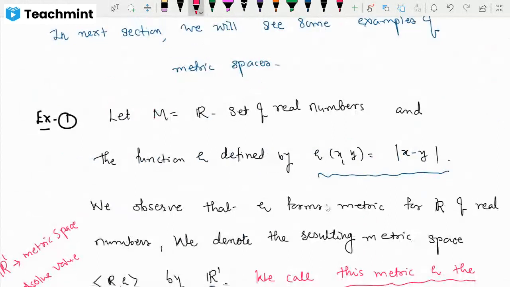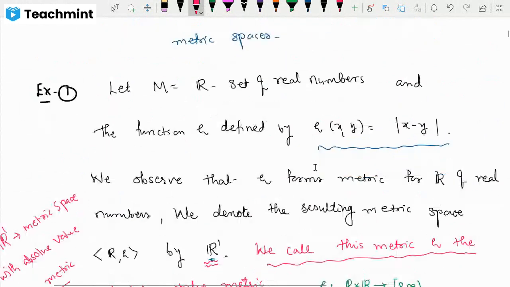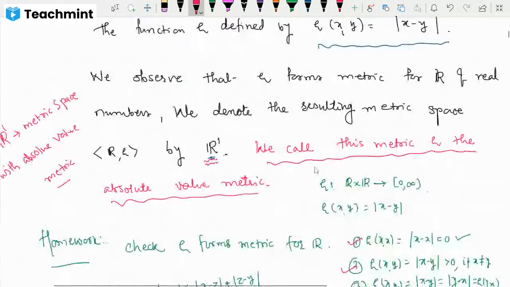That is, first, the set of real numbers with the mapping rho of x,y equal to mod of x minus y. So this is the mod function. What is rho of x,y? It is defined by mod of x minus y. So this rho satisfies the above 4 conditions of metric, and therefore it forms a metric for the set of real numbers. So combinedly, the set of real numbers with this absolute value metric forms a metric space, and we denote this metric space by R1.